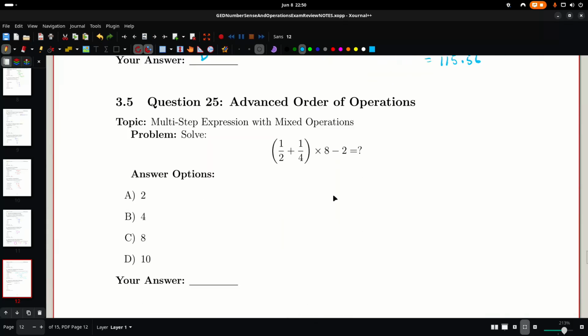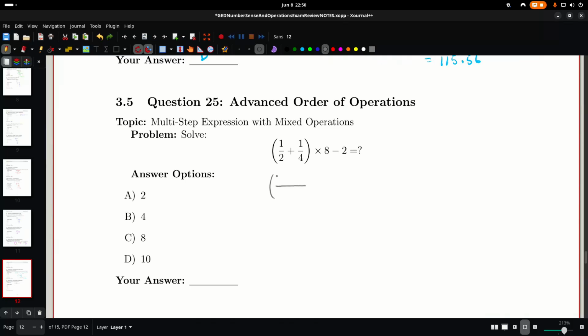All right, question 25. Advanced order of operations. This one's a little bit trickier, because we have to do what's inside the brackets first, and we're dealing with some fractions. So we'll do this first, 1/2 plus 1/4. Inside the brackets, we have to rewrite these fractions with a common denominator, and our common denominator will be 4.